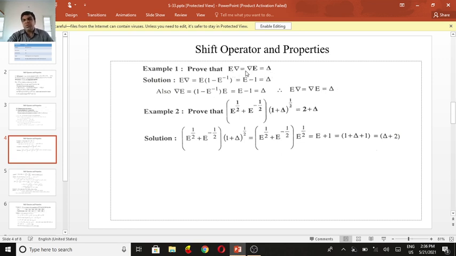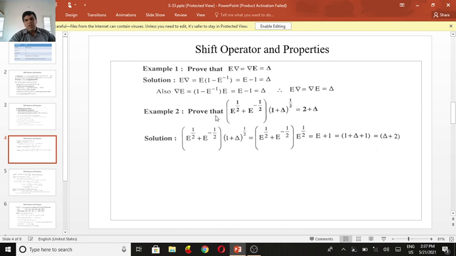Taking E backward delta equal to E times 1 minus E inverse, we open that: E minus E times E inverse, which is 1. So this is forward delta. Also backward delta E equals 1 minus E inverse times E. Again E minus E inverse times E is E minus 1, which is forward delta. Therefore E times backward delta is equal to backward delta times E equal to forward delta.